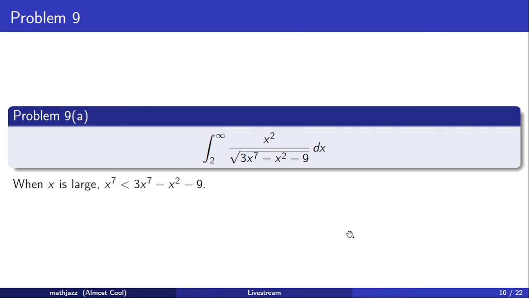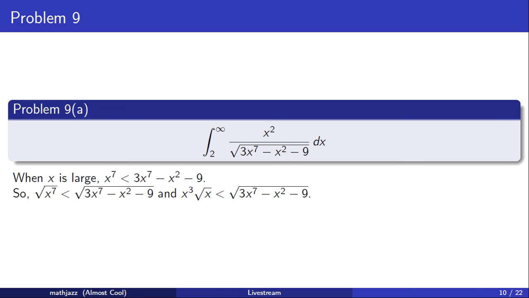So when x is large, x to the 7th is going to dominate the other terms in the polynomial. So we know that x to the 7th is going to be less than 3x to the 7th minus x squared minus 9. Eventually the x squared and the 9 really don't matter.